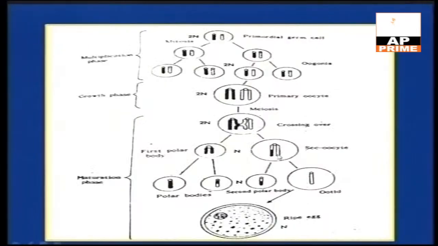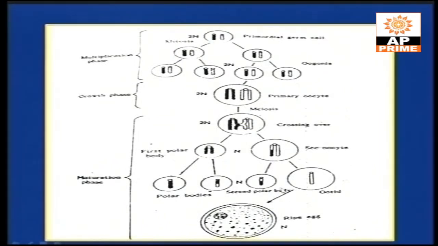Here the second division takes place in this secondary oocyte as well as in the polar body. The polar body gives rise to another 2 polar bodies, and the secondary oocyte develops into one oocyte and another polar body. Here the oocyte will be developed into the future egg.